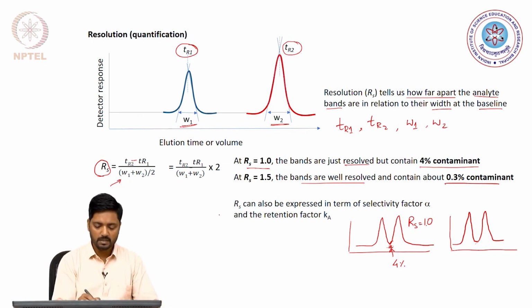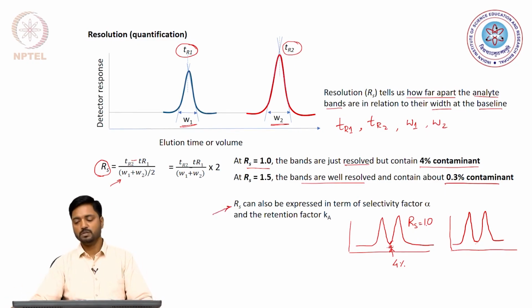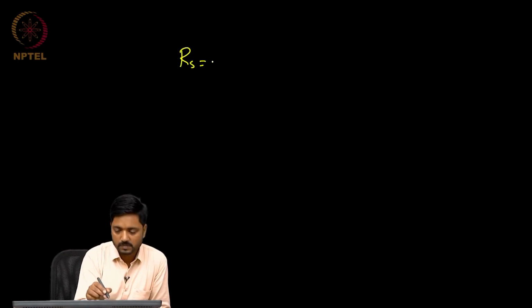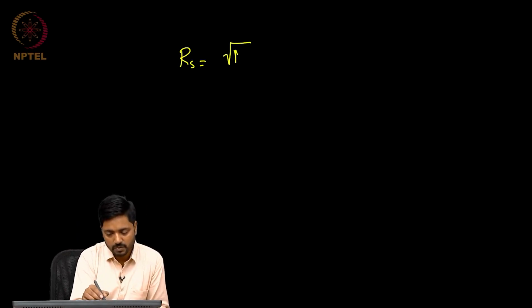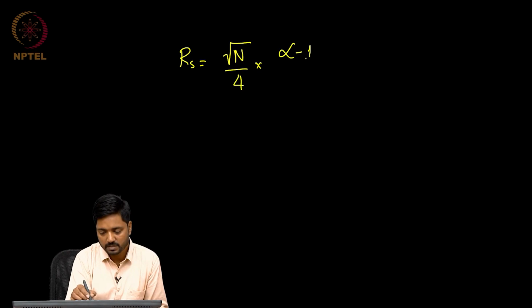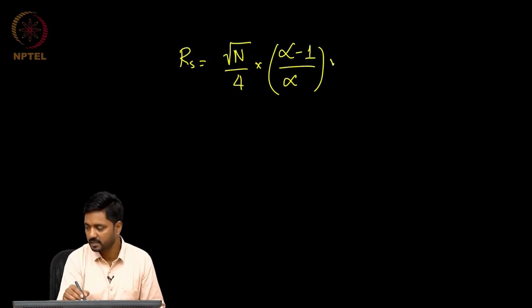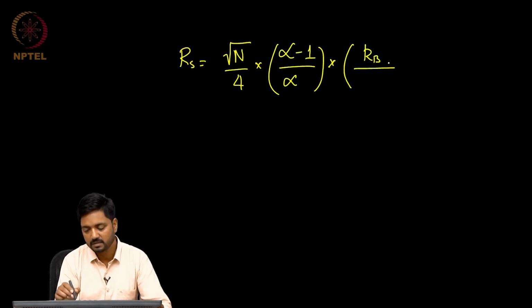Now, the resolution value can also be expressed in terms of the selectivity factor and the retention factor, and that equation is shown on the board as Rs is equal to square root of N by 4, into alpha minus 1 divided by alpha, and this multiplied by the retention factor.